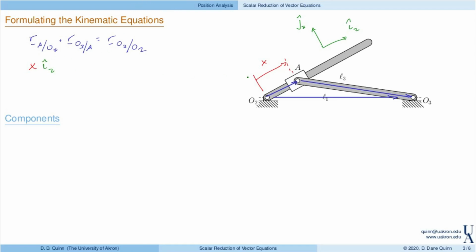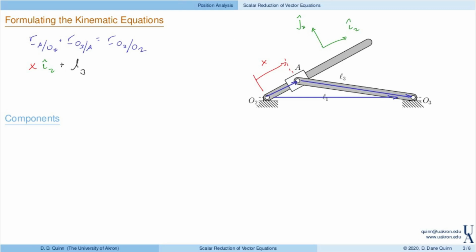Here I'm going to write in red things that are unknown, green is the input, and then in black we'll have things that are known. So for example, the vector from A to O3 has known length, L3.